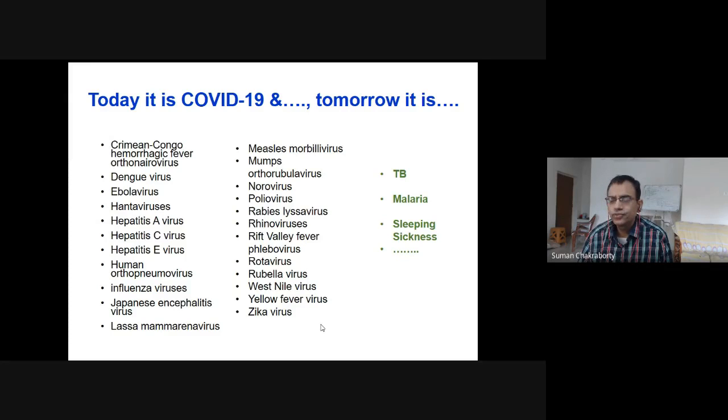The reason for mentioning this is that today it is COVID-19, but it will not be that imperative with vaccination being more effective and disseminated all around the globe over the coming year or so. But there are so many other infections which will remain, and new infections will emerge, but all these can be addressed with the help of this technology.